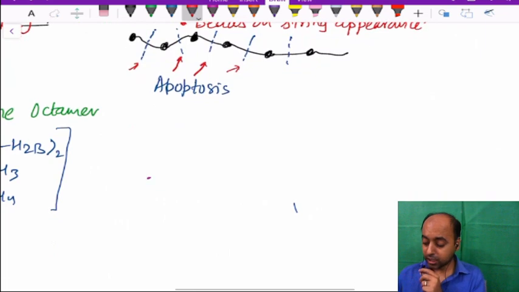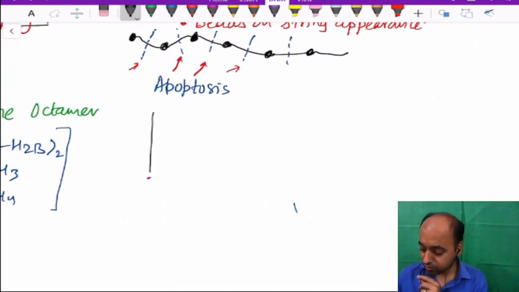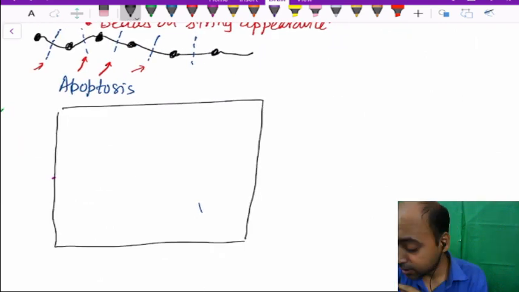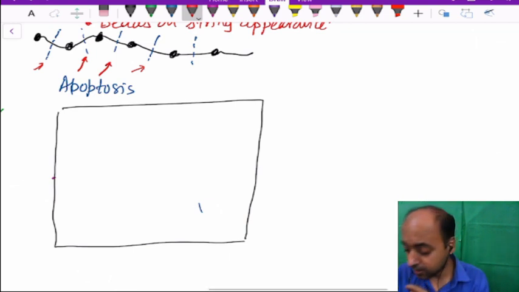Because of this, when you perform gel electrophoresis, if the well is here, the pattern for DNA that you get is something like this.